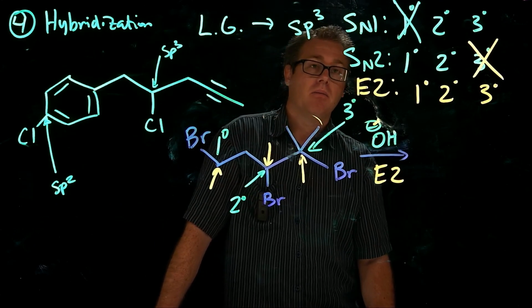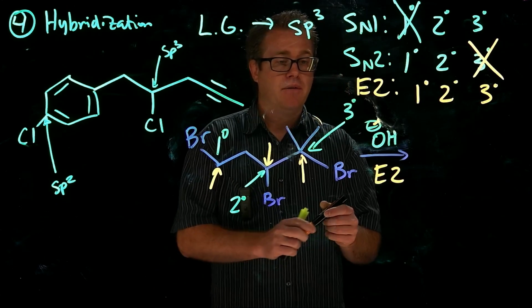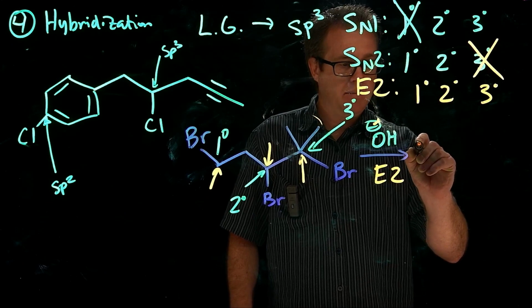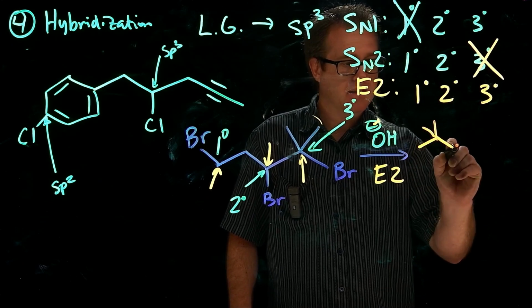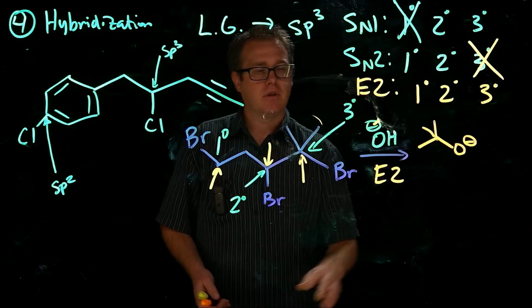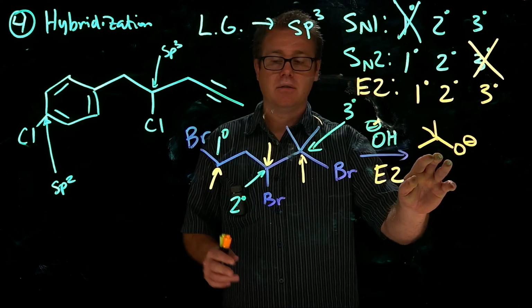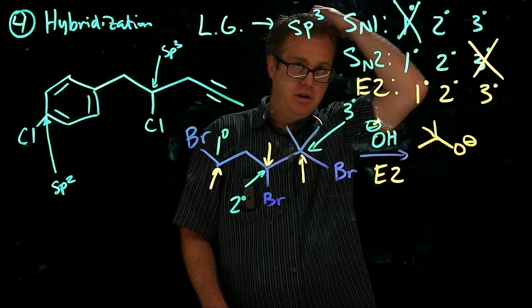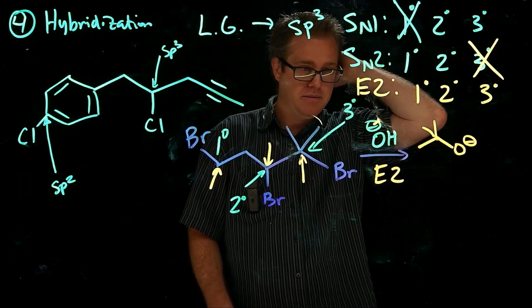However, if you invoke a strong bulky base like tert-butoxide right there, those are going to favor primary and secondary over this tertiary alkyl halide due to a steric argument.